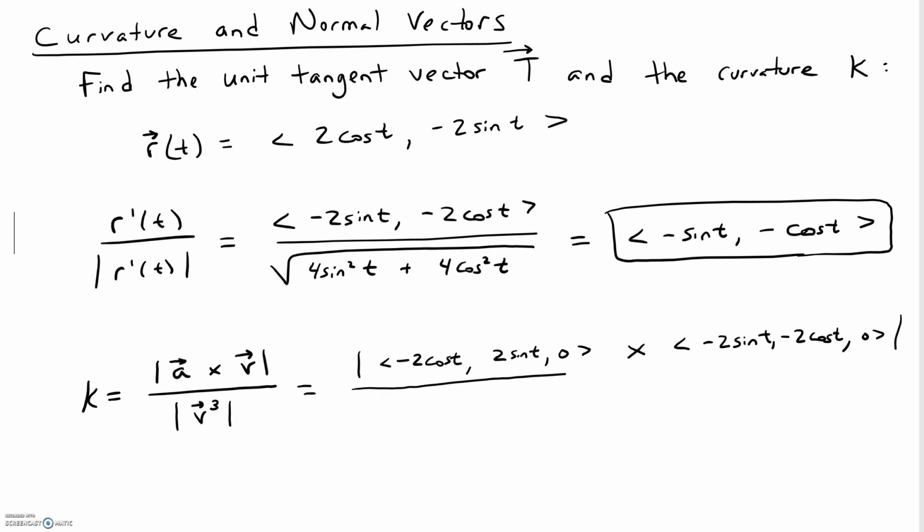And then if we were to find the magnitude of the velocity, looking up here, square root of 4 is 2, and then cube that. That would give us 8.